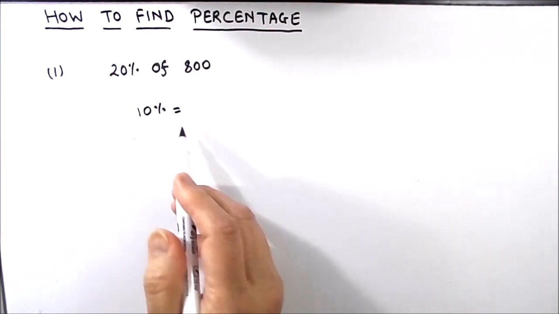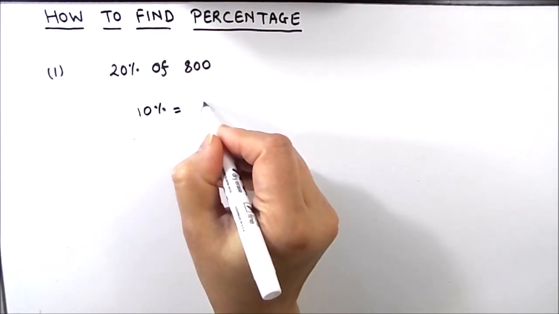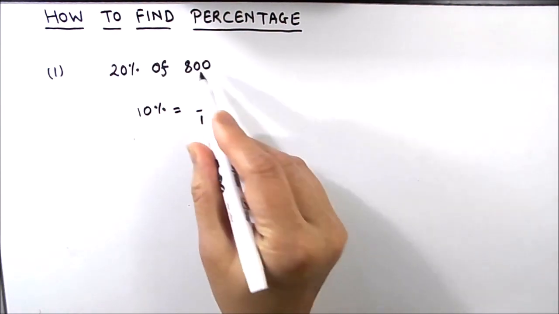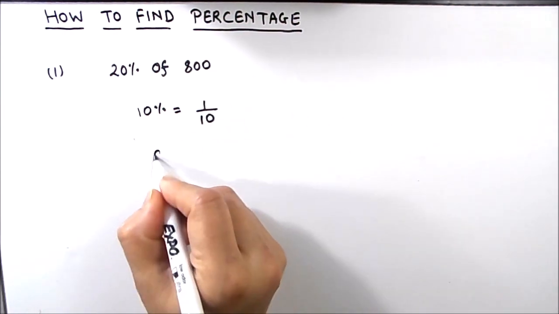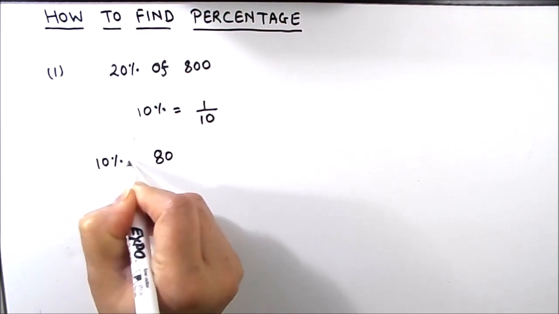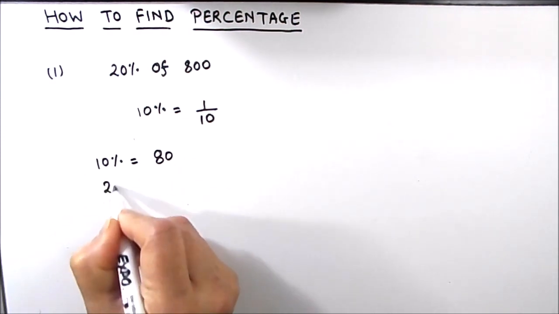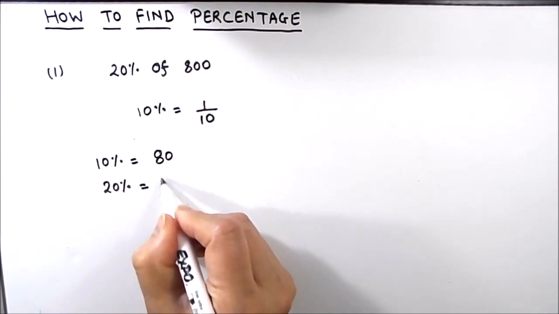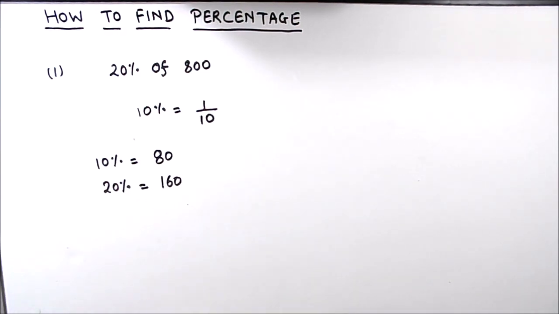We know that 10% of any number means 1 by 10 of the number. 1 by 10th of 800 will be 80. So 10% is 80, so 20% will be twice 80, which is 160. This is one other way of finding percentage without the use of a calculator.